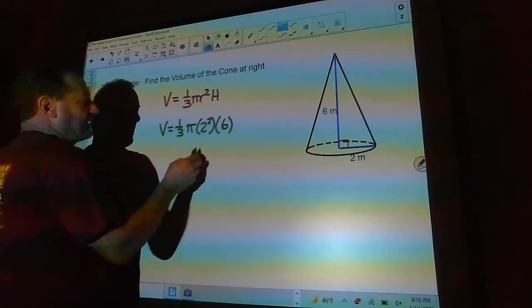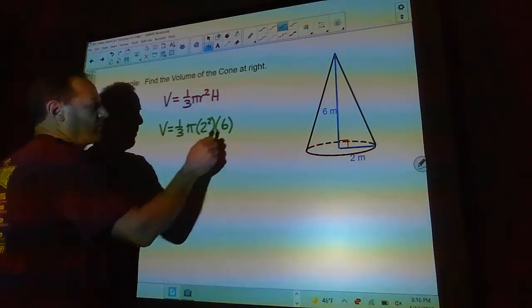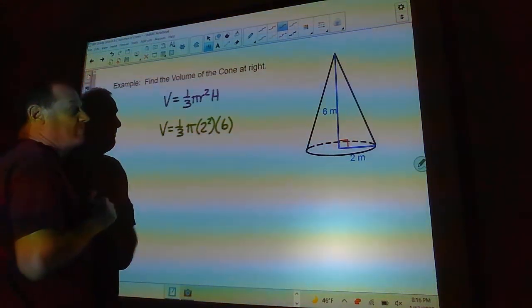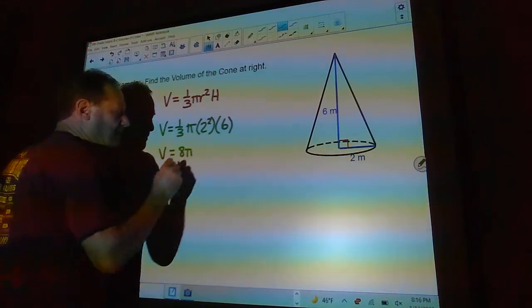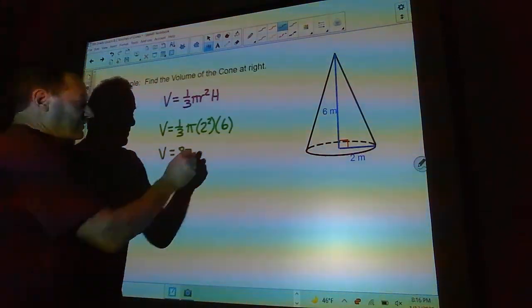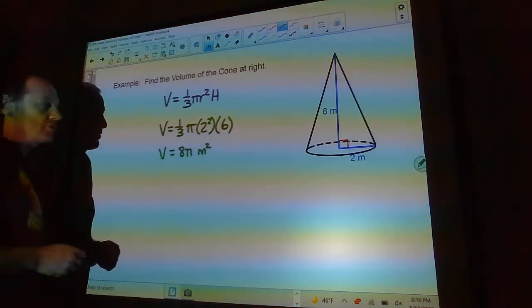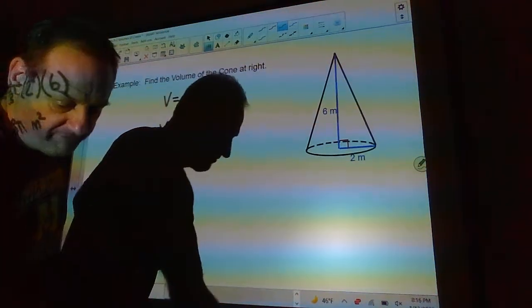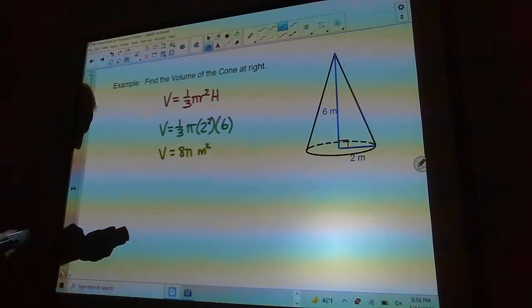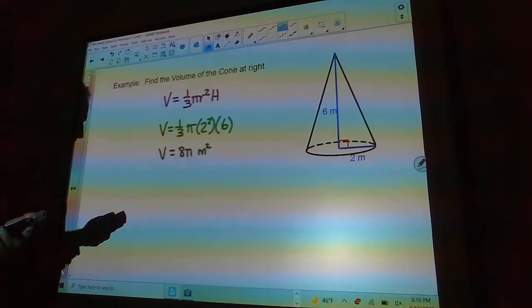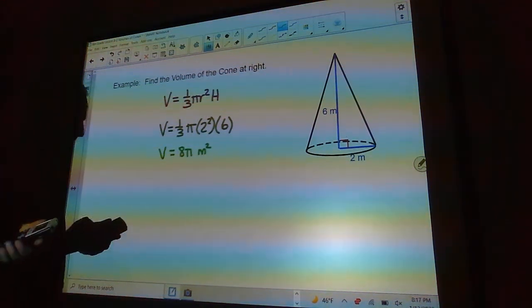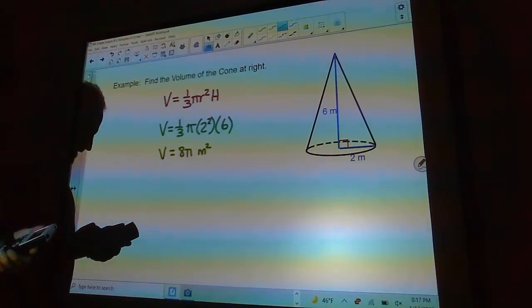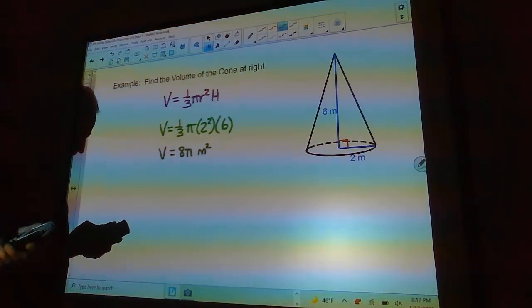Okay, so 2 squared is 4. 4 times 6 is 24, and 1/3 of that is 8. So the volume is going to be 8 pi, which is my exact answer, 8 pi meters squared. And in order to find out something that's more useful for most people, we're going to get out our handy-dandy TI-84 Plus C Silver Edition graphing calculator, or some reasonable facsimile thereof, and go 8 times pi.